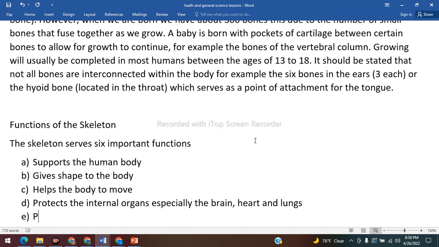Produces red blood cells in the bone marrow, which y'all love to eat. Glad I don't eat that. At the center of the bones.